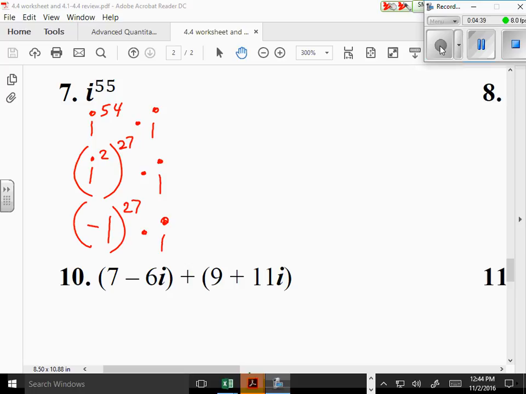If there's an odd exponent, then it's going to turn into a negative 1. If it's an even exponent, then it'll be simplified down to a positive 1. So this right here can be replaced with negative 1 to the 1st times i, which is just negative i.